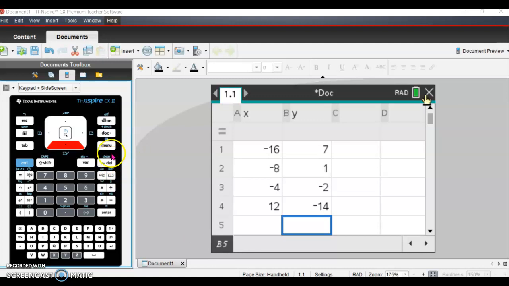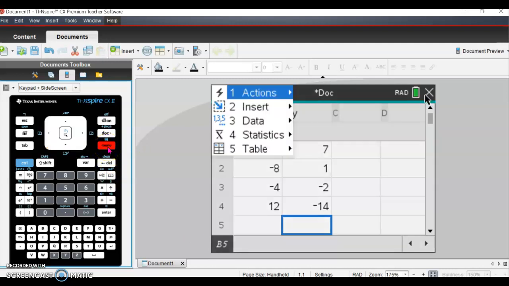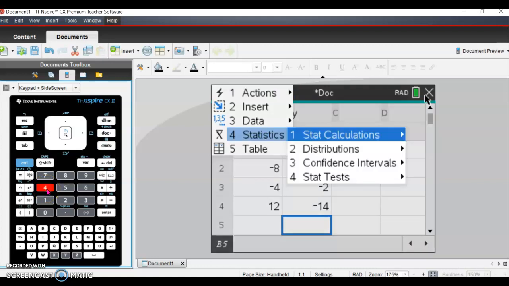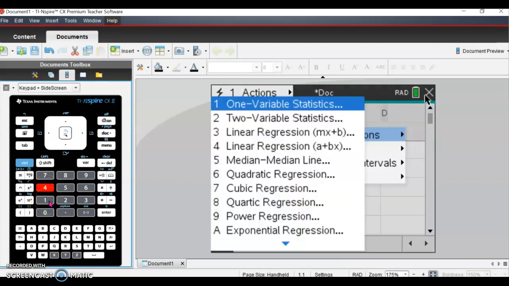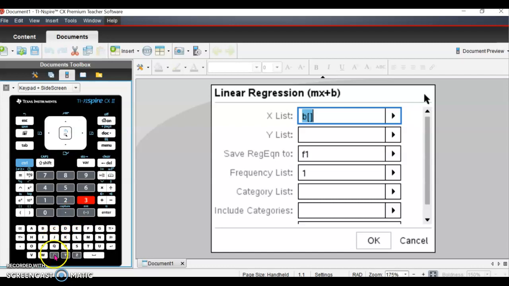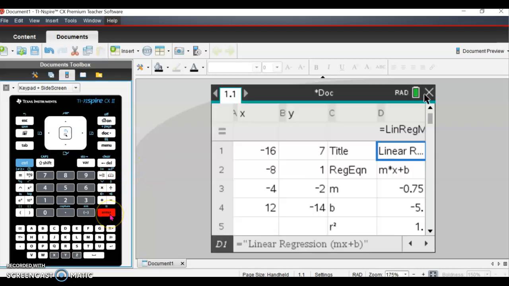So once you've got your data in, our favorite button, the menu button, number 4 for statistics, number 1 for stat calculations, and then number 3 for linear regression. Where it says X list, we type X, arrow down. Where it says Y list, we type Y, and then we hit enter twice.